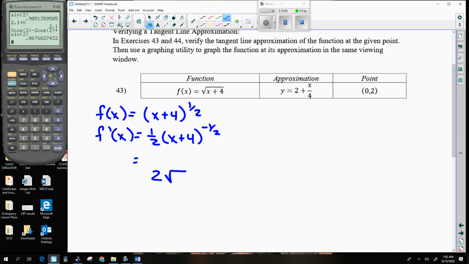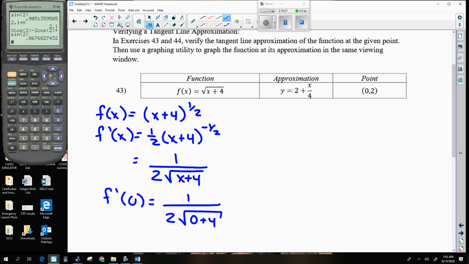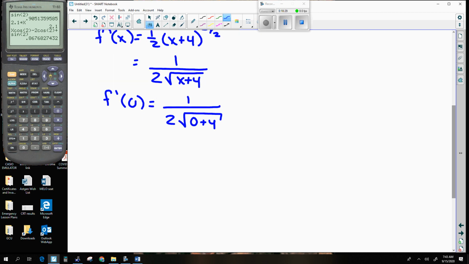So this is 1 over 2 square root of x plus 4. They want to approximate at point 0. So this is 0 plus 4, which is what, 2, 4, 1/4.